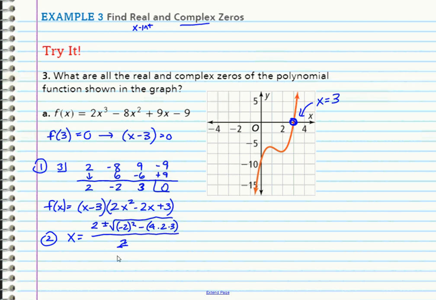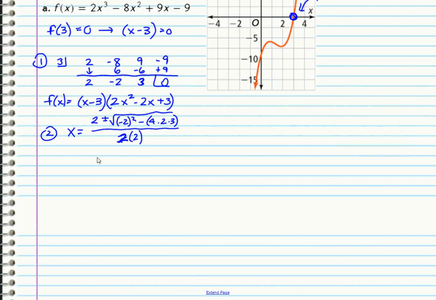Ooh, my pen is messing up. Now, you simplify all this down, and I'm not going to take the time to do that right now. You're going to get x equals 1 plus or minus i times the square root of 5 all over 2. I did that work earlier. Okay, so this is your answer.